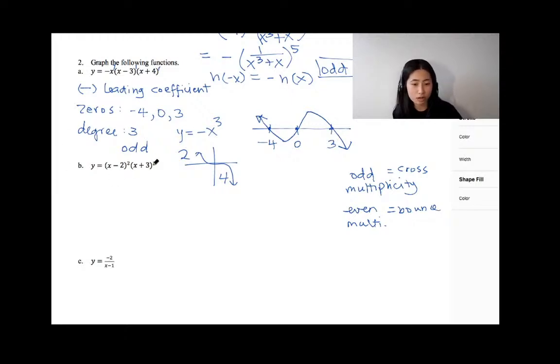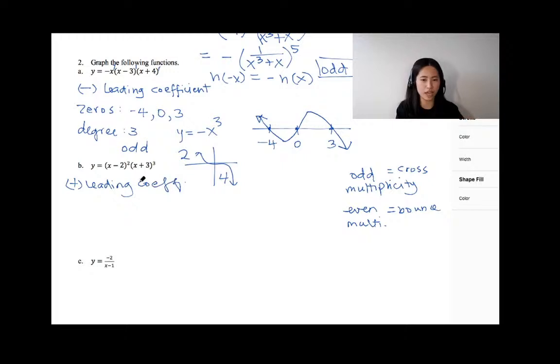Let's say your exponent or multiplicity in this case is odd, but it's greater than 1, you have what you call an inflection point. So instead of just crossing, say for example, let's plot this together. So we now have a positive leading coefficient.